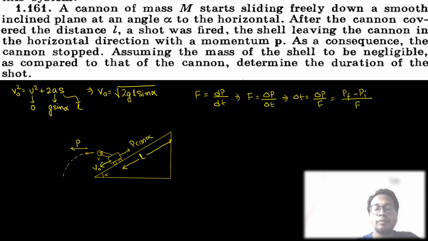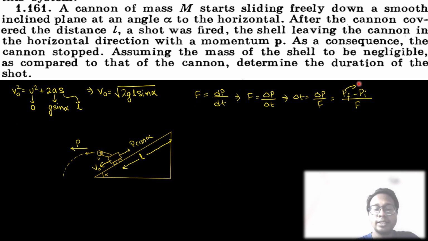Achha, final momentum is nothing but how much? Final momentum of the system is zero. Just after collision, the cannon comes to stop, no?